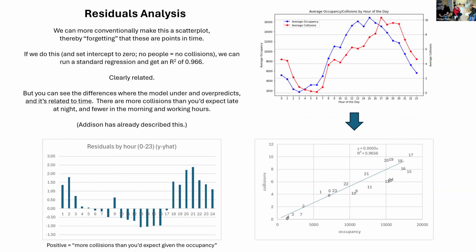That's nothing Addison hasn't seen, but this is starting to get kind of new, I hope. So when we want to run a regression, let's say we wanted to run a regression on these two things. So we've plotted these as two separate line plots, and the axes are different, right? There's an axis for occupancy and there's an axis for collision, and that's what helps them kind of line up in time.